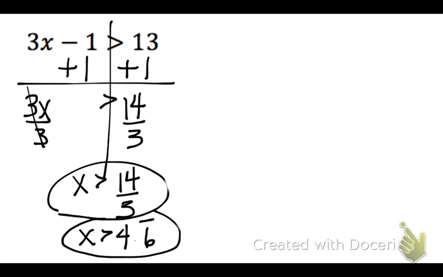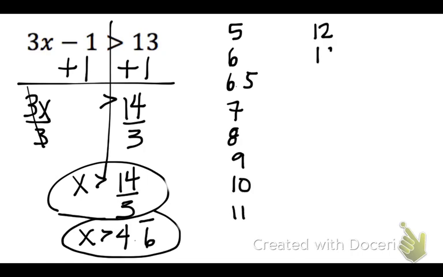X is greater than 4.6 repeating. X can be any number that's greater than 4.6 repeating, and it's an answer then. So 5 is greater than 4.6 repeating. 6 is an answer that's greater than 4.6 repeating. 6.5, 7, 8, 9, 10, 11, 12, 13.